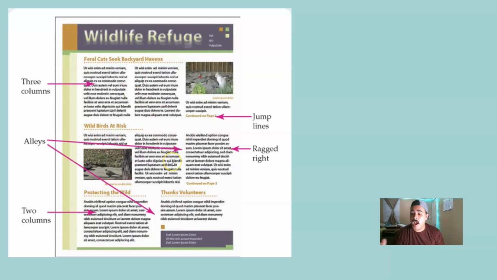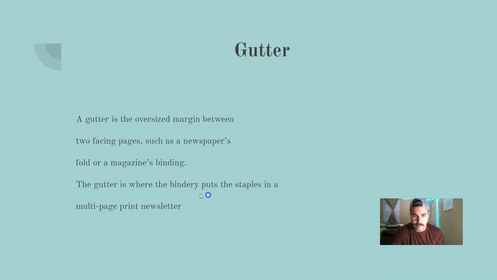That's what gives your eyes a break. As you can see here, there's 3 columns with alleys, and then 2 columns. So you don't always have to have a uniformity of columns. Of course, you wouldn't want to have 3 columns up here and then 1 column down here, because it would look weird in my opinion.